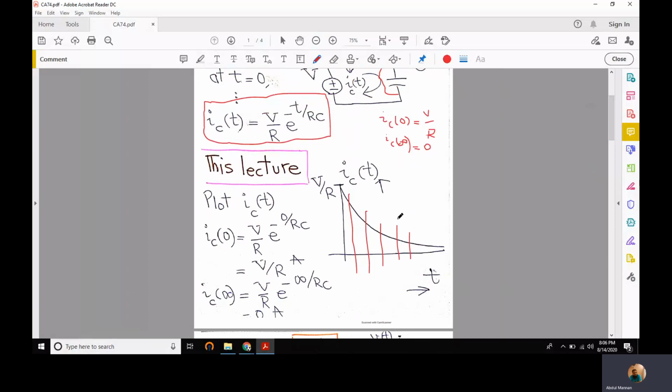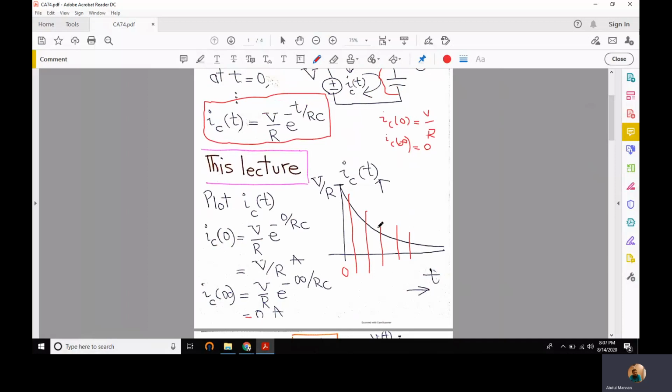Therefore we'll prefer using a computing tool. So for now, we just check what is IC at time t is equal to 0. It comes out to be V over R. And IC for a very large value of t, after a very long time, IC at infinity, comes out to be equal to 0.